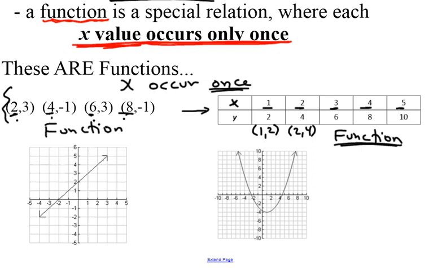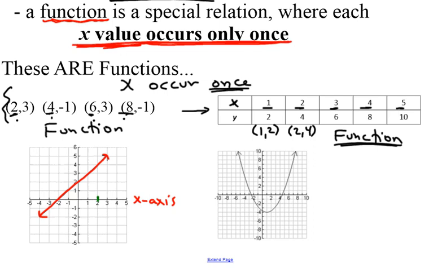Now the 2 underneath, the graphs are a little trickier. But we can think about the x values that come from a particular graph. Remember, the x-axis is our horizontal axis. So if I pick one of the x values on that horizontal axis, let's say I pick x equal to 2.